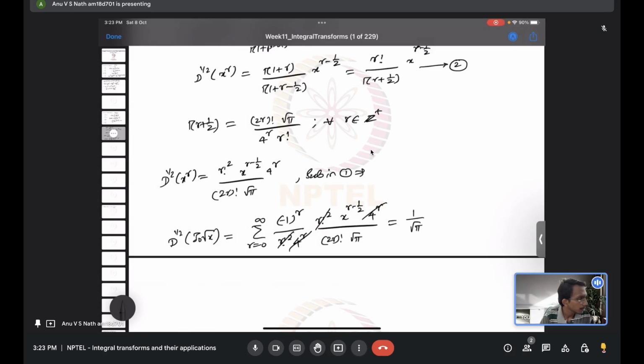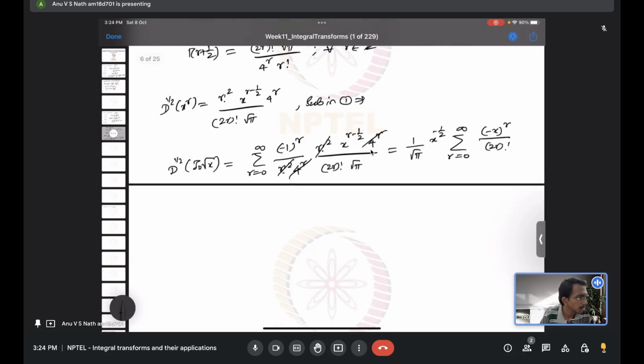So it's 1 over root pi, x to the minus half, then the summation of r equal to 0 to infinity of minus 1 to the r, x to the r over 2r factorial. So now it is 1 over root of pi x.